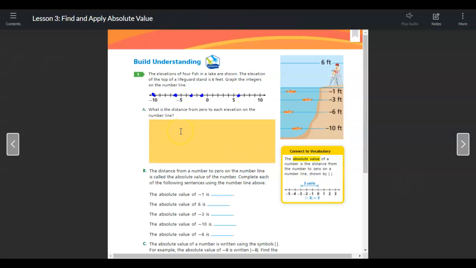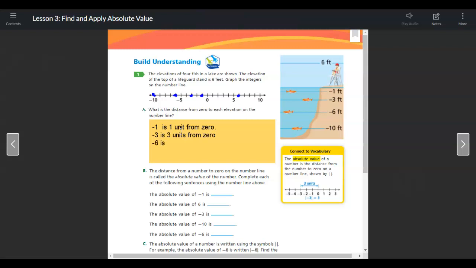Okay, so negative 1 is 1 unit away, is 1 unit from 0. Negative 3 is 3 units from 0.